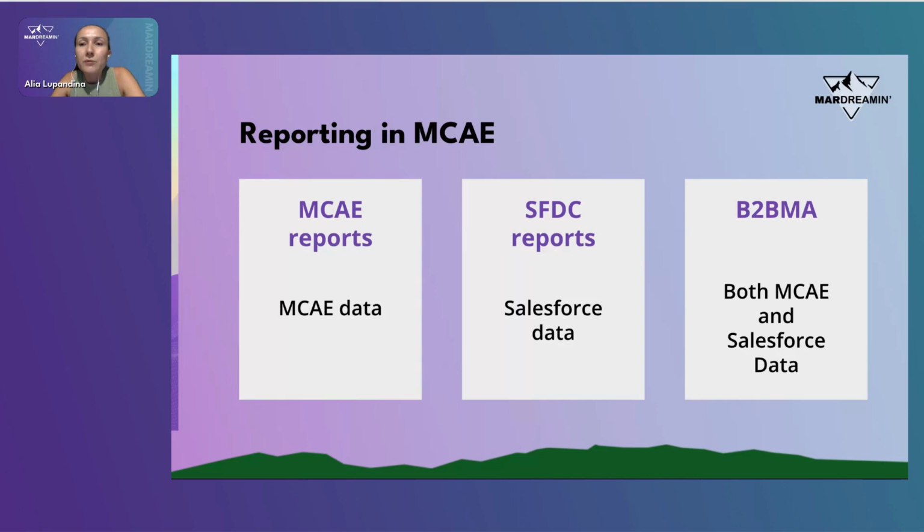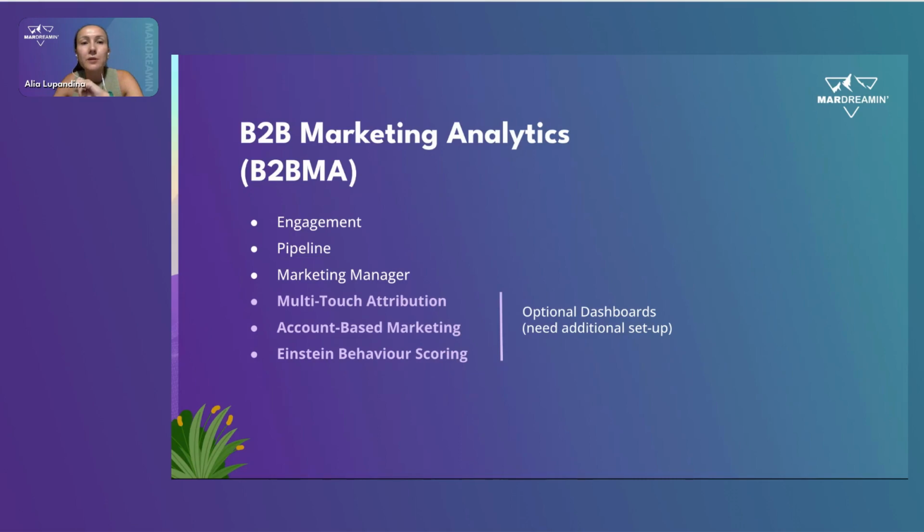And then we have B2BMA, and B2BMA is located in Analytics Studio, and it can combine both. So it combines both Marketing Cloud Account Engagement data and Salesforce data. And that's important to understand because I will explain to you how the data flows into Analytics Studio and how to change that data set.